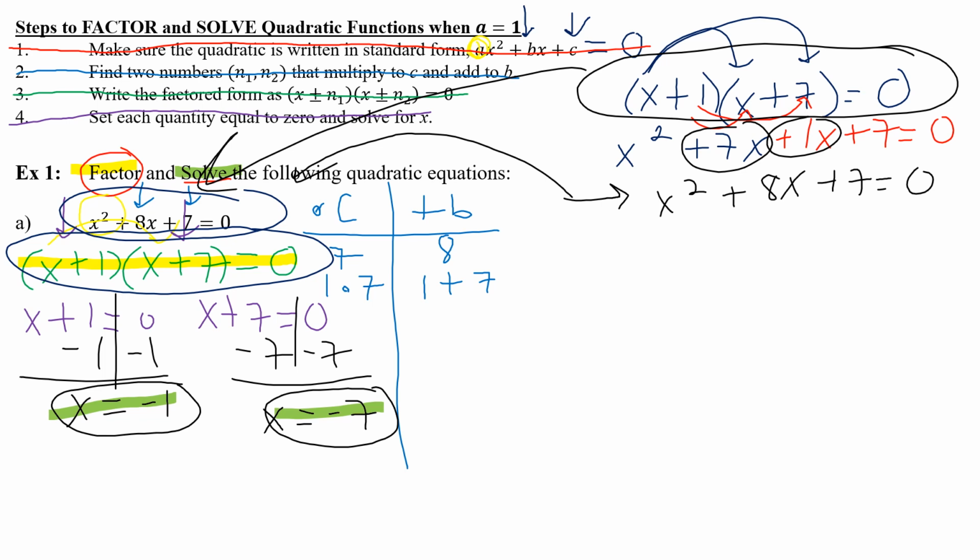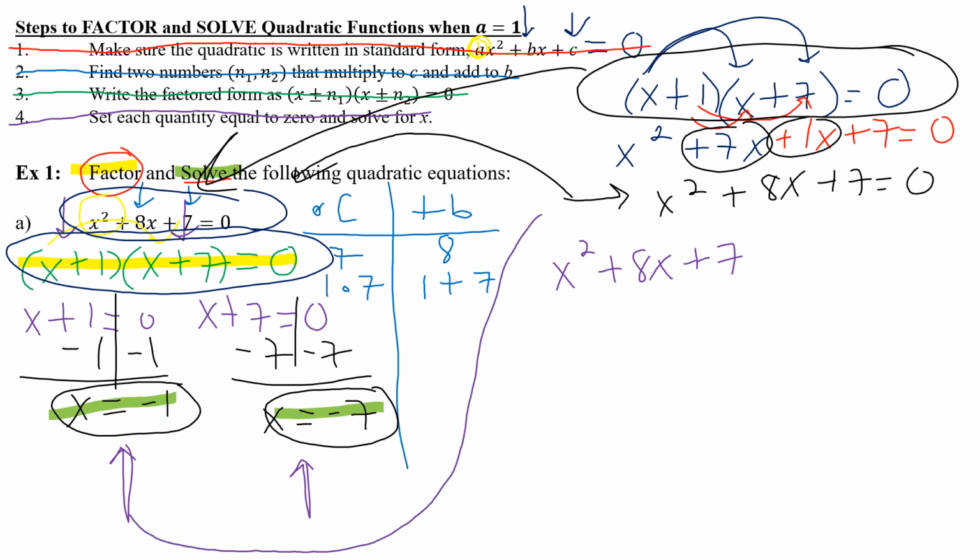Okay. Now, I told you what does it mean to solve a quadratic equation? It is finding x values that when we plug them back in will give us the y value 0. So let's see if that's true. The original function was x squared plus 8x plus 7, and we want to see if that will really give us 0. Let's start by plugging in the x value, negative 1, here and here in parentheses.